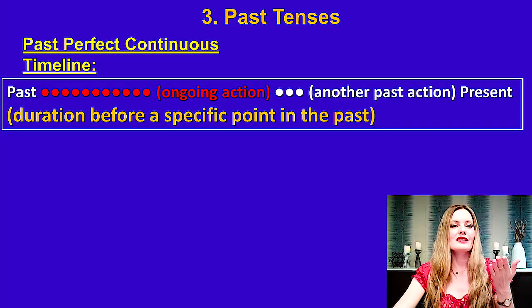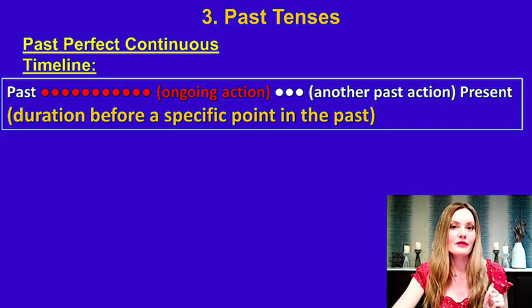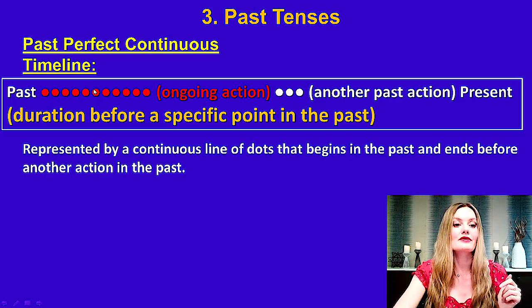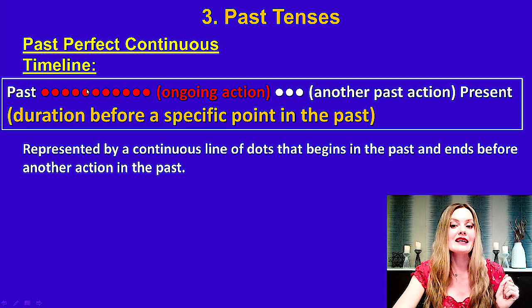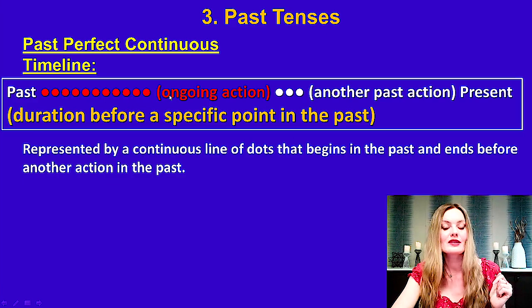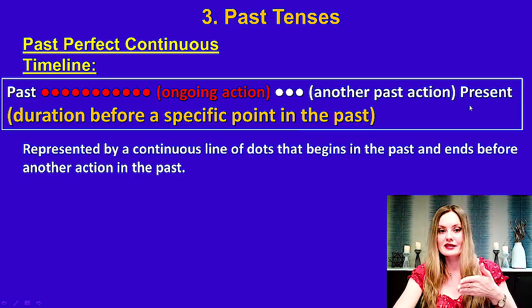Now let's take a look at the timeline for past perfect continuous. Past perfect continuous is represented by a continuous line of red dots that begins in the past and ends before another action in the past. So we have past and present.